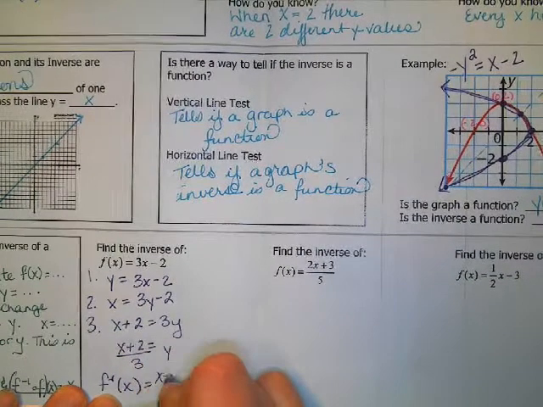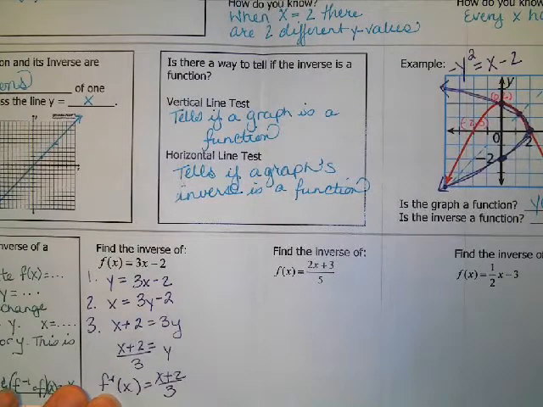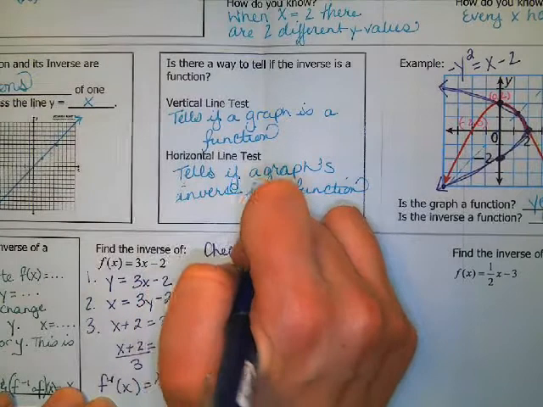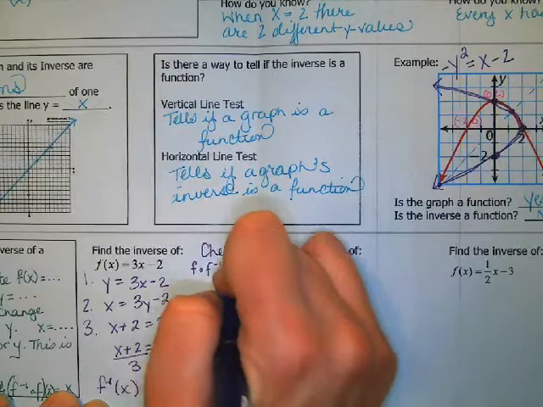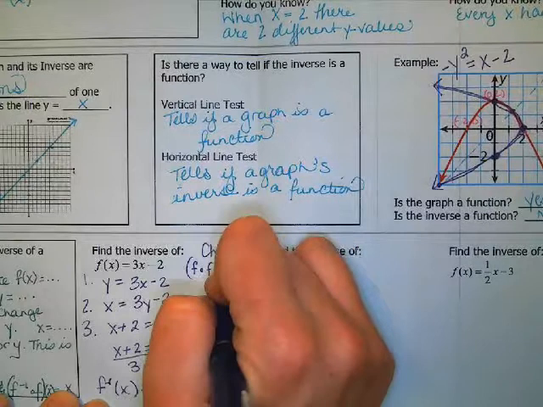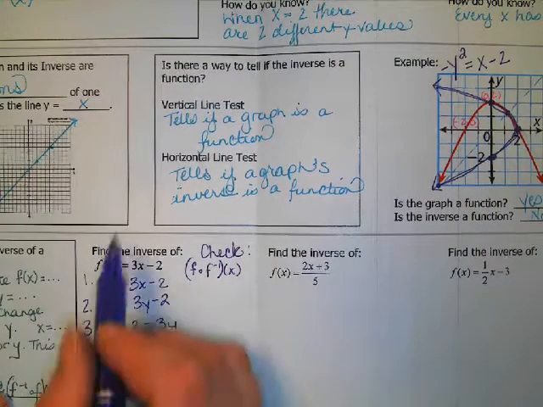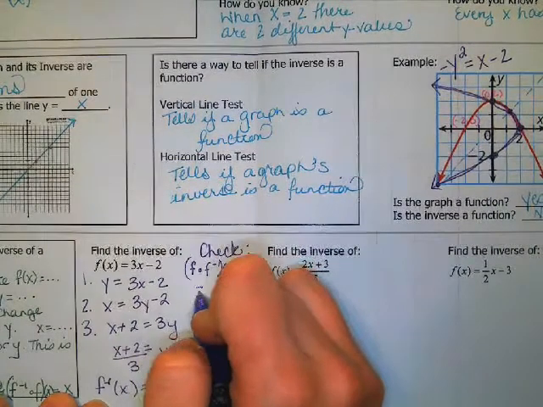The last step is to solve for y. So I'm going to add 2. So I have x plus 2 equals 3y. Then divide by 3. So I have x plus 2 divided by 3 equals y. So f inverse of x is x plus 2 over 3.